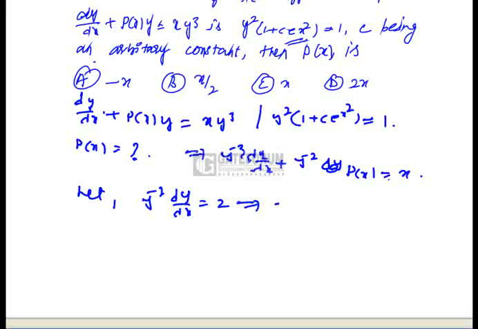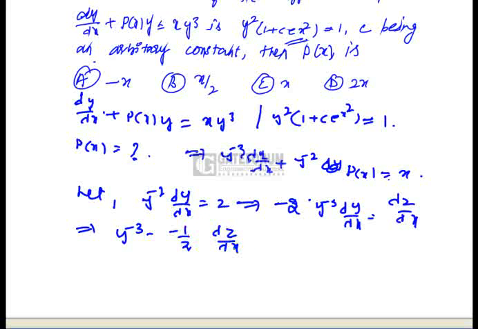Now, if we differentiate, we'll get minus 2 into y power minus 3 into dy by dx is equal to dz by dx. Now, this can be written as y power minus 3 equals minus half into dz by dx.